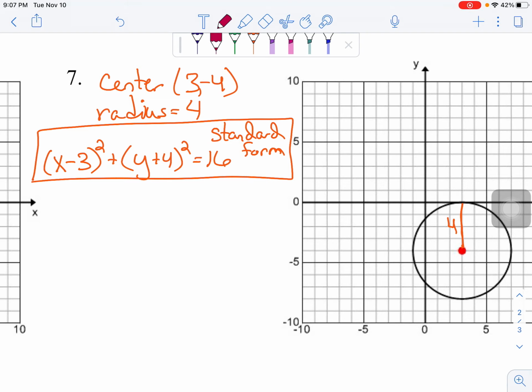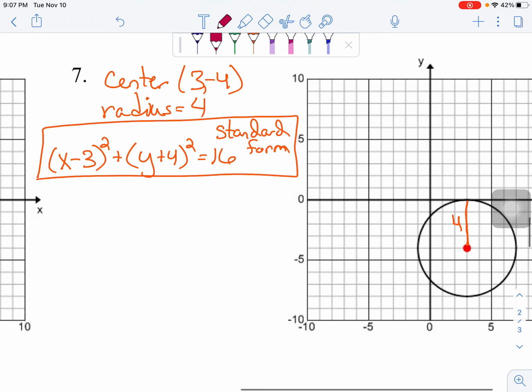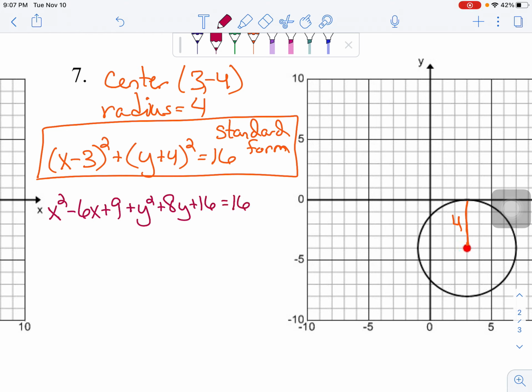So let's go ahead and multiply it out. So x minus 3 squared would be x squared minus 6x plus 9. Y plus 4 squared, so that's going to be y squared plus 8y plus 16, and that's going to equal 16. All right.